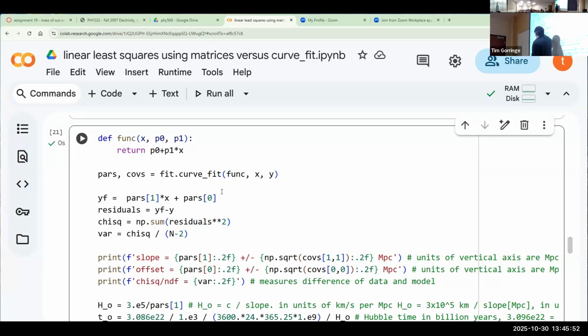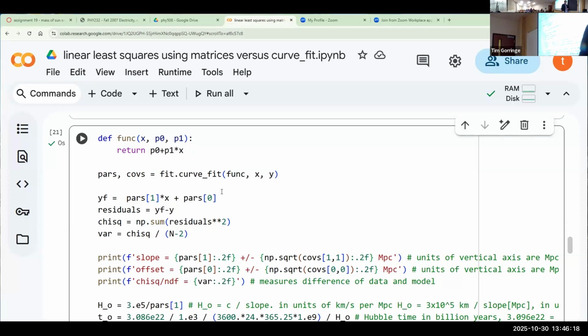They're all embedded in this covariance. After calling the function and getting the best fit parameters, I calculated the model values of Y for each of my data points. This is the model prediction. This is the residuals, the differences between the model prediction and the data itself. This is the chi-squared and the variance that we calculated before.